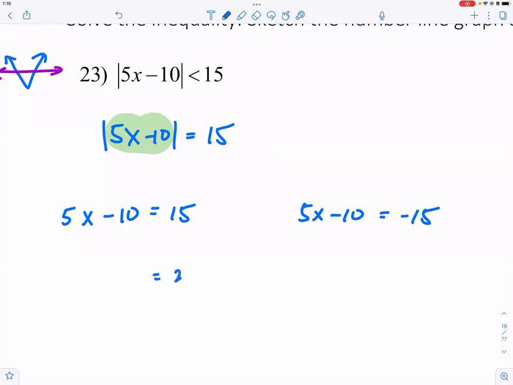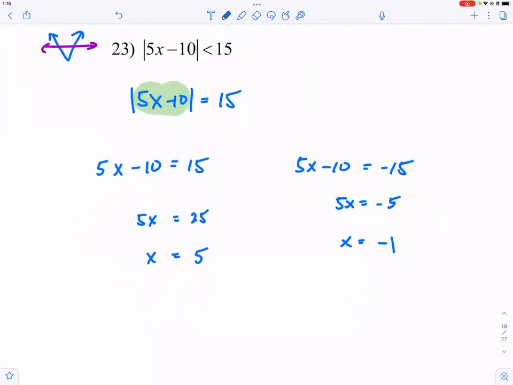If you solve for each one, then you have x equals 5, and if you add 10, you have negative 5, so x equals negative 1. So we have these two values: x is equal to 5, x is equal to negative 1.